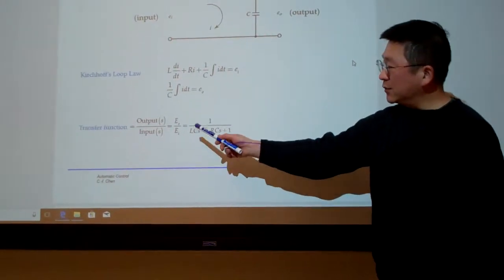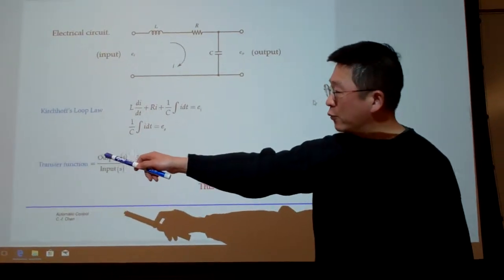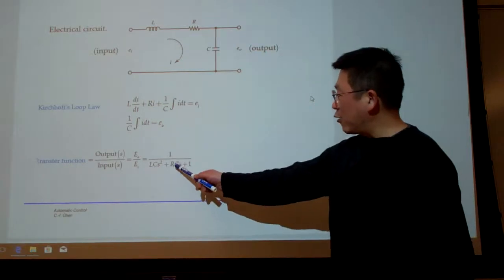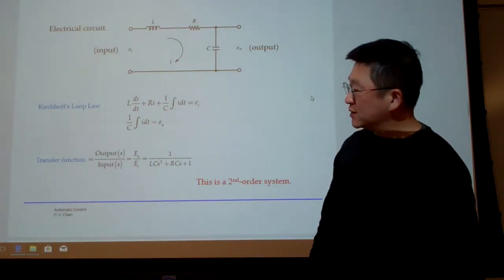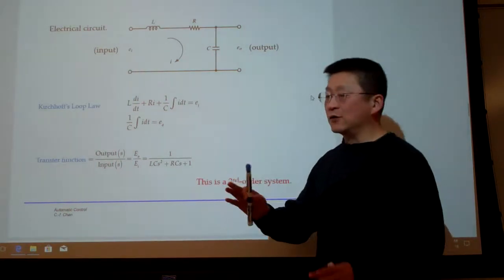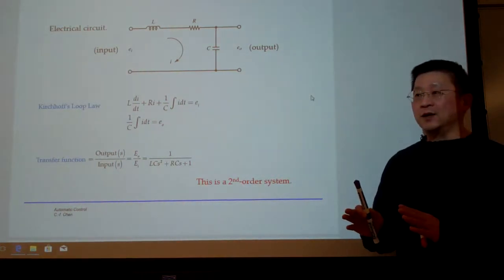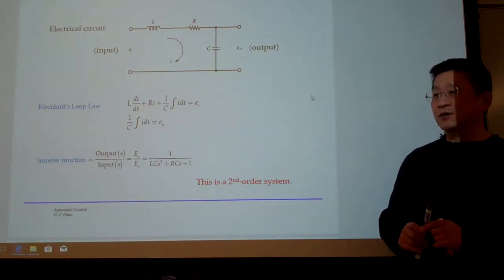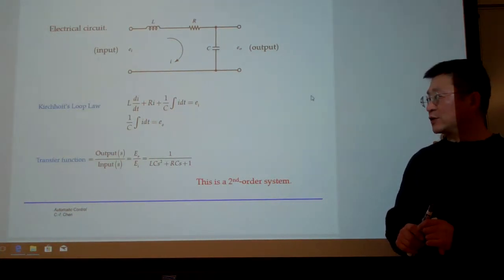So LC is equivalent to mass, RC is equivalent to C, and K equals 1, or vice versa. There are quite a few analogies between mechanical and electrical systems, and pretty much you have seen that.